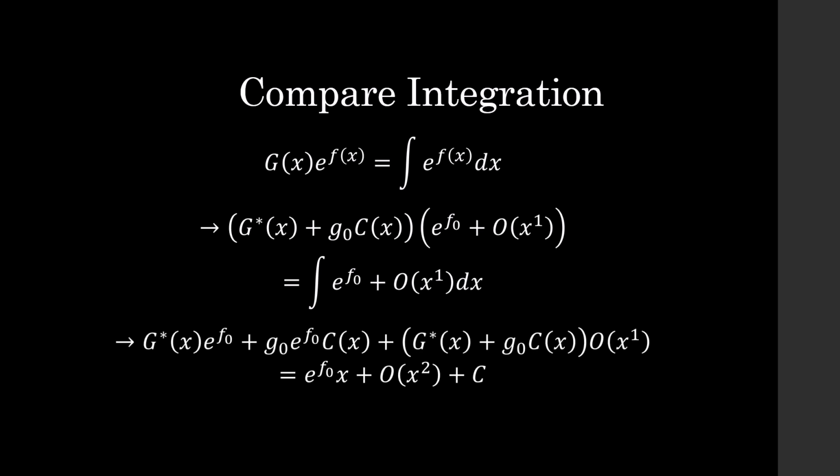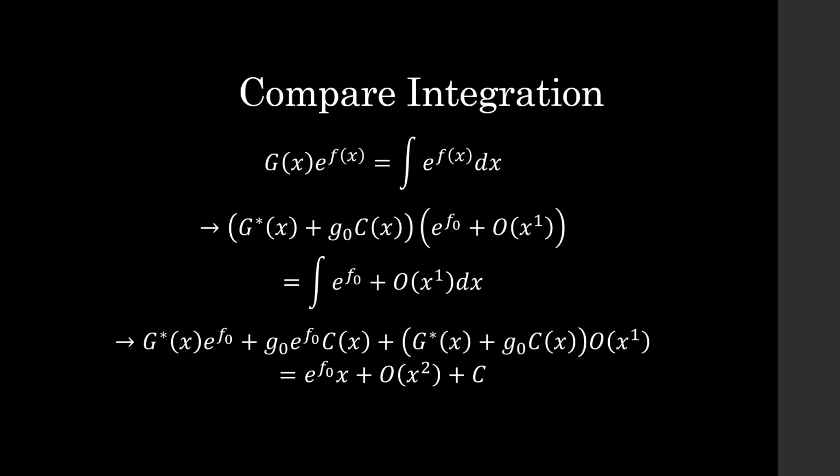Actually performing these operations, we have the multiplication of the g and e to the f, giving us g star e to the f naught plus g naught e to the f naught c plus g star plus g naught c all times the order x polynomial. And that's going to be equal to the integral on the other side, where the integral of e to the f naught is just an integral of a constant, so it's just going to be that constant times x, e to the f naught times x.